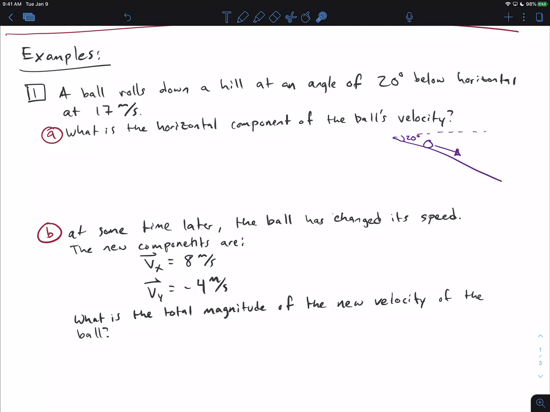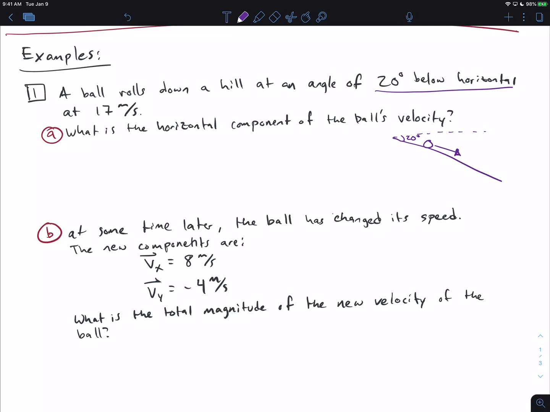So this is what below horizontal means, 20 degrees below horizontal. It just means starting from the horizontal, go 20 degrees downwards, right? So starting from the horizontal, we are going to go down 20 degrees, and that's our slope, right?